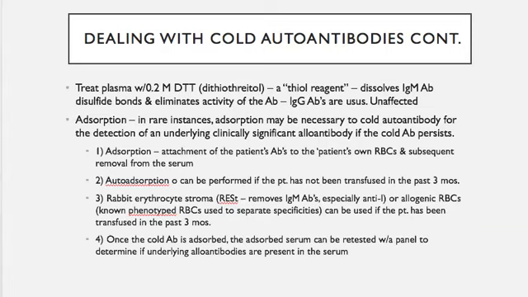So we're getting them out of the way so that we can continue with the testing to find our clinically significant antibody. Autoabsorption can be performed if the patient has not been transfused in the past 3 months. Rabbit erythrocyte stroma or allogeneic red cells can be used if the patient has been transfused in the past 3 months.